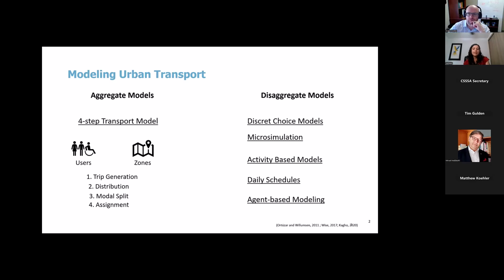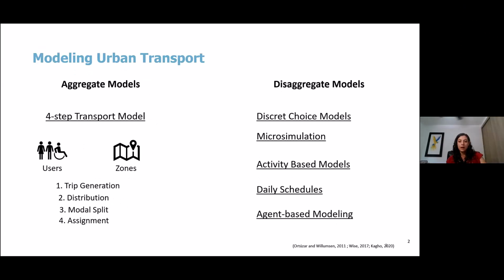With the need to better understand the behavior of transport users and represent more realistic systems, ABM has appeared as a very good approach to represent these interactions in the transportation system.